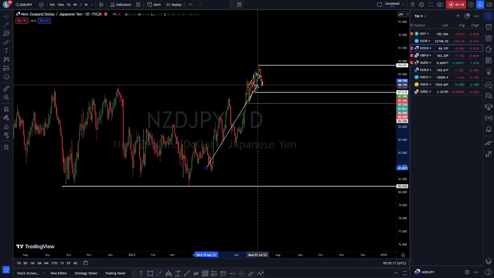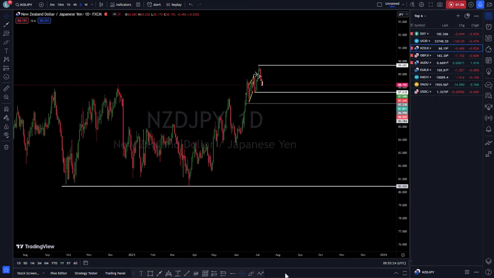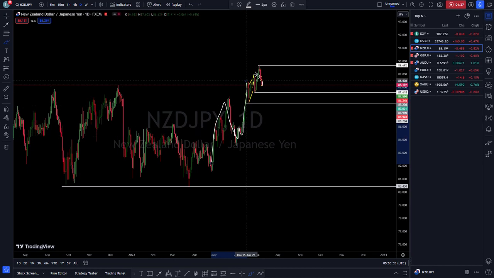It has been trending, giving a series of impulses and corrections. You can see it impulse and give a pullback correction and continue like that.